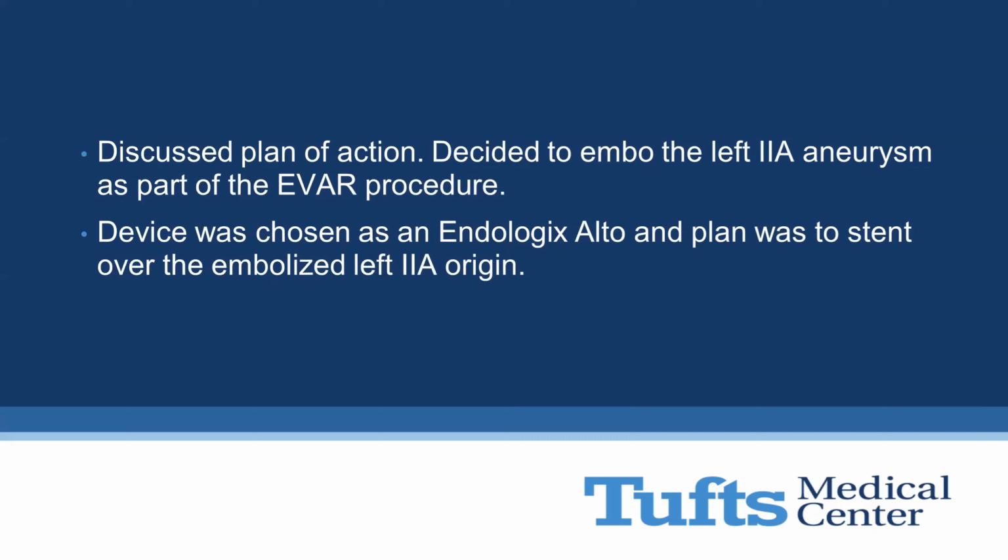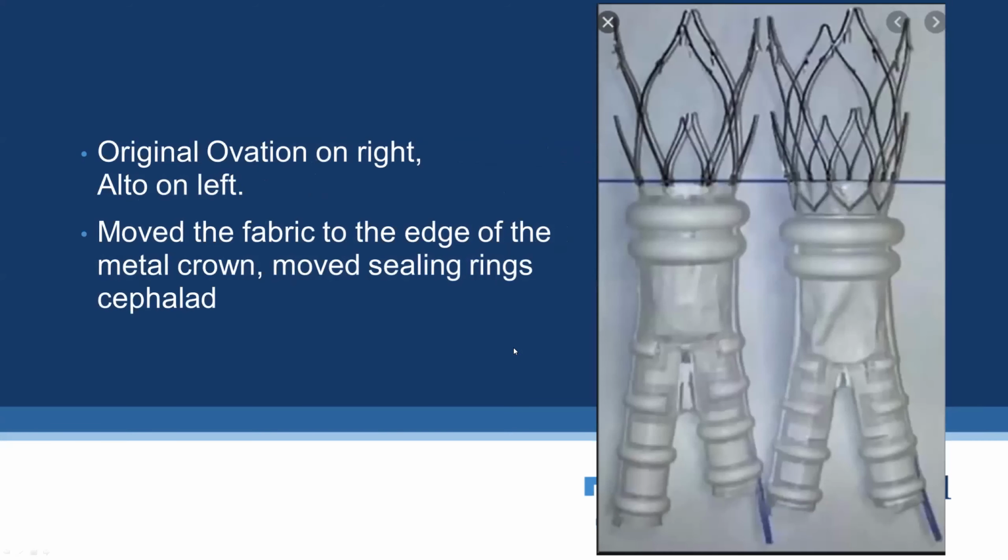Eventually it was decided we were just going to plow ahead and try to do them at the same time. There was a lot of discussion whether we were going to try to embolize it from the left or the right. We chose an Endologix Alto device, which is their new device. The plan was to stent over the embolized left internal. And just for people who haven't seen this, the Ovation graft, the original Ovation, is on the right.